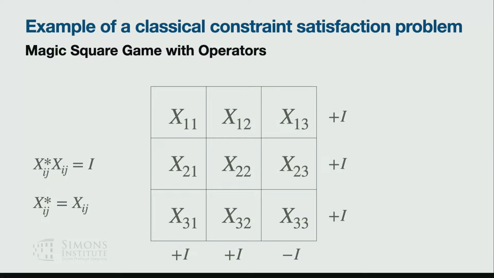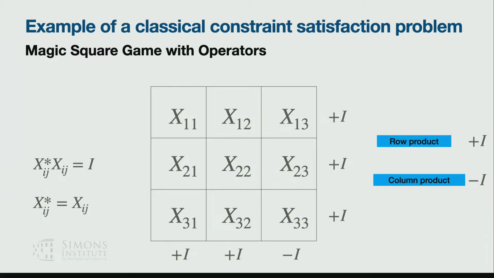And the contradiction I just gave you, which worked in the case of scalars, seems to be true here as well. If we multiply these products row-wise, we get plus identity. If we multiply them column-wise, we get minus identity. But this is not a contradiction for operators because the order matters. We could imagine a world where the product of some operators in some order is plus identity and their product in some other order is minus identity.